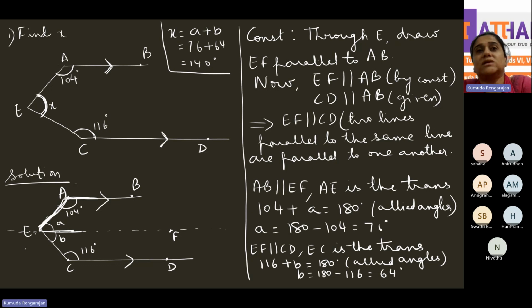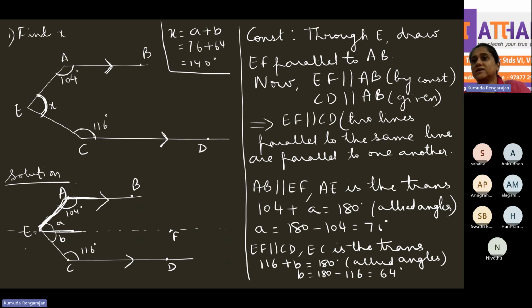Now, where to draw the construction? In 99% of cases, in this figure we have four line segments: AB, CD, AE, and CE. AB and CD are parallel. Leave that. What are the remaining two?